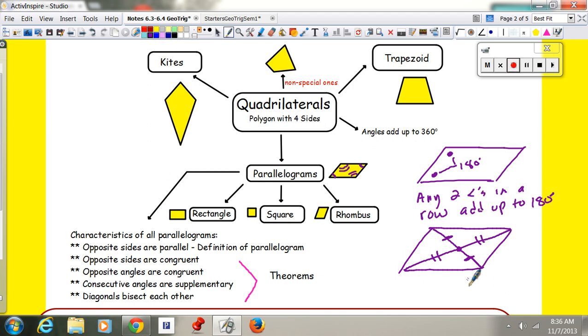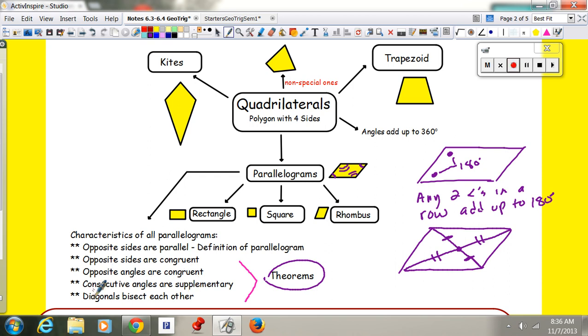Now, you notice my little arrow right here and the word theorems? All four of these are theorems. This top one is a definition. The four bottom ones are theorems. So I could say an if-then statement. If it's a parallelogram, then opposite sides are congruent. If it's a parallelogram, opposite angles are congruent.